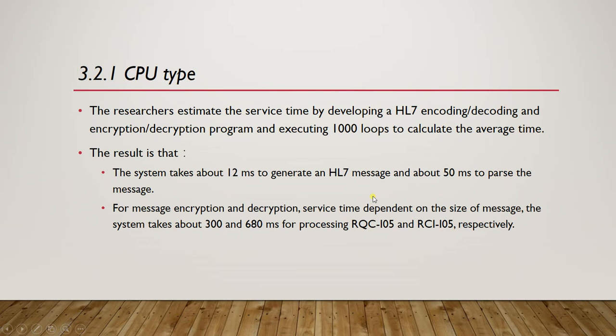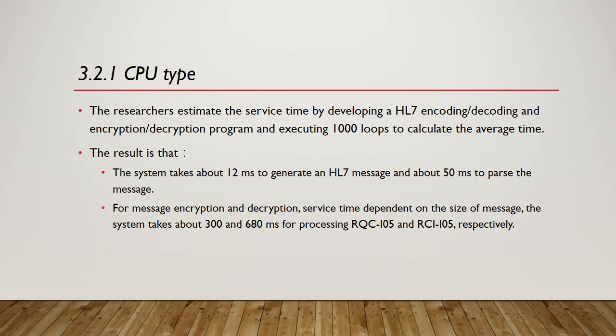For the CPU type, the researchers estimated the service time by developing an HL7 encoding or decoding and encryption or decryption program and executing 1000 loops to calculate the average time. The result is that the system takes about 12 milliseconds to generate an HL7 message and about 5 milliseconds to parse the message.